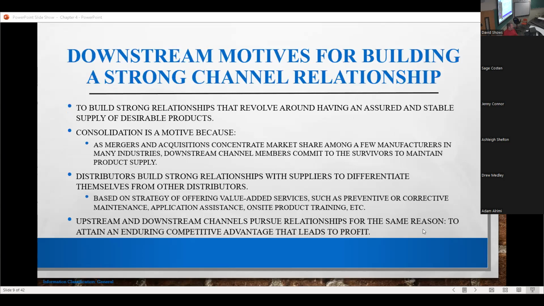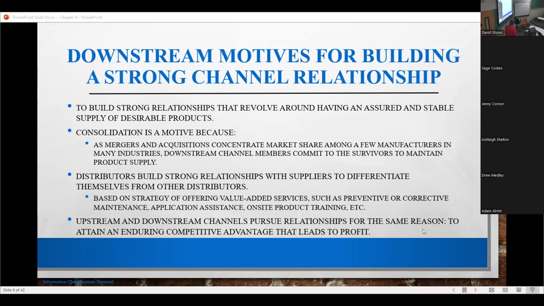Let's also say this, they talk about consolidation. And what is called consolidation, if you think about it, is when manufacturers or upstream suppliers in one form or another start to merge and consolidate together. You saw that in the 2000 to 2010 era when Compaq and Hewlett-Packard merged together to become one organization.